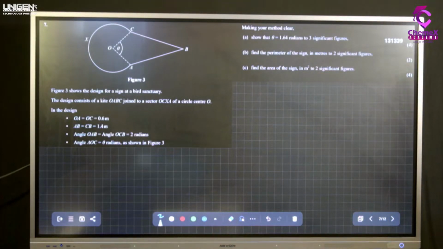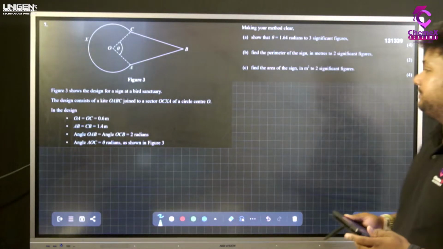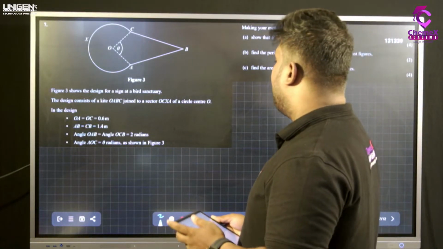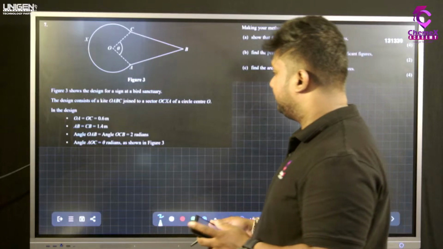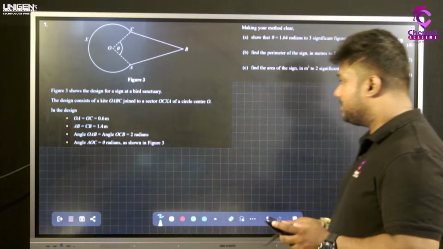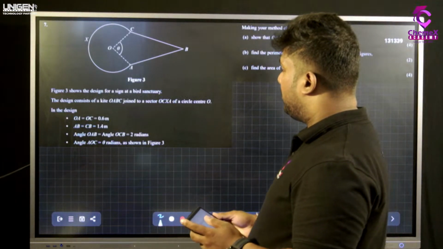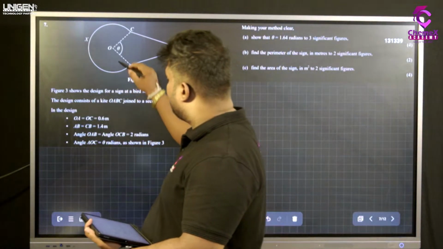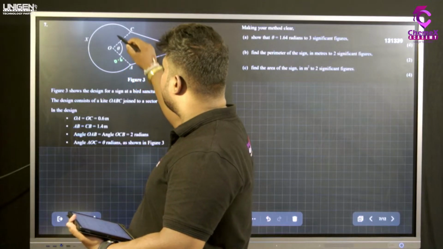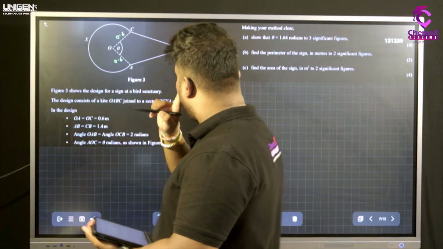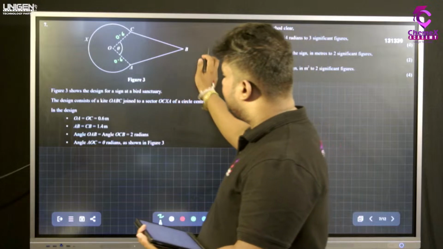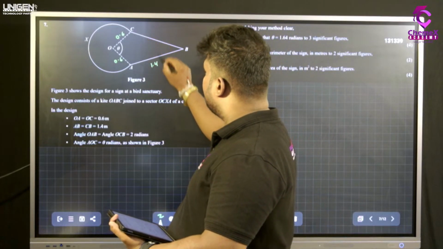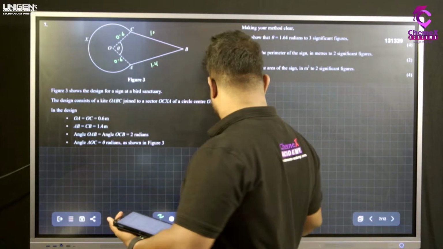Okay. So how do you do this question? Making the method clear. Center O, OA, OC is 0.6. Let's write those values. OA, OC is 0.6, that means the radius is 0.6. AB, BC is 1.4.